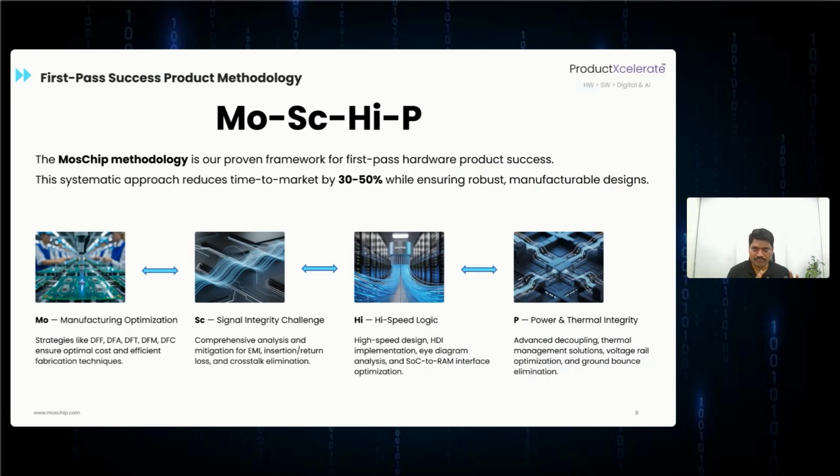When all four guardrails are in place, you don't end up firefighting in validation. You end up with a board that comes back from assembly, boots on the first try, and passes compliance without any drama. This is the difference between firefighting late and engineering confidence upfront.